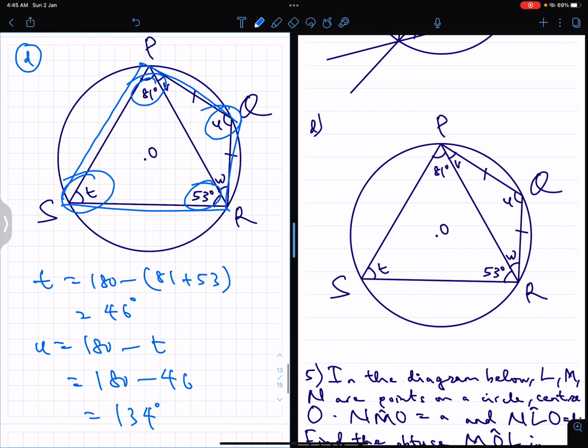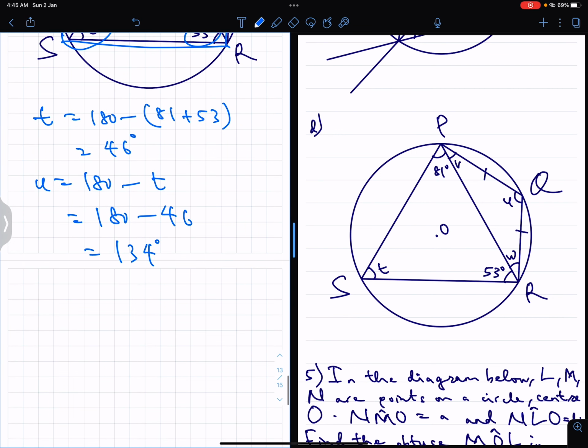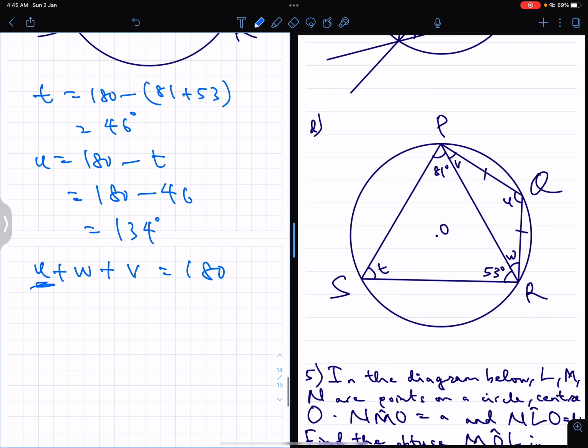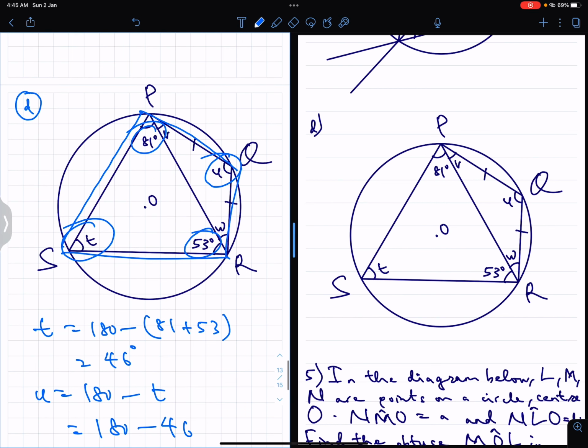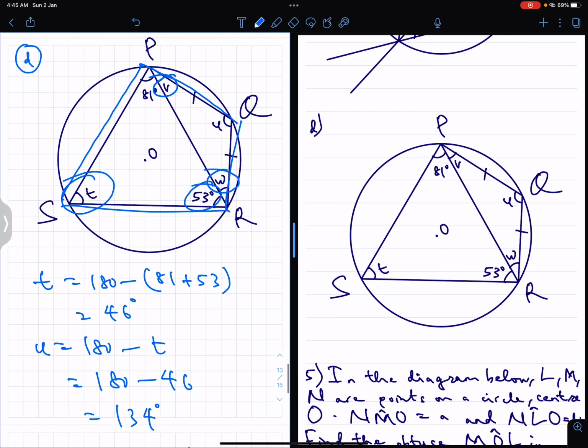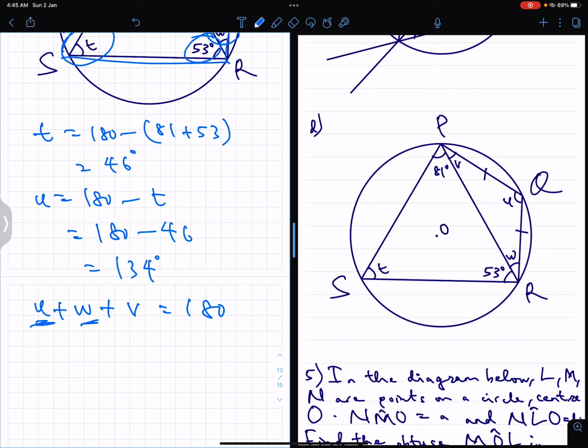Now that we know U, we know that V and W are the same. So that means U plus W plus V is 180. V and W are equal. As you can see, they are the base angles of the isosceles triangle PQR. So I can use one letter for both of them, the same letter. So let me say U plus 2V equals 180.